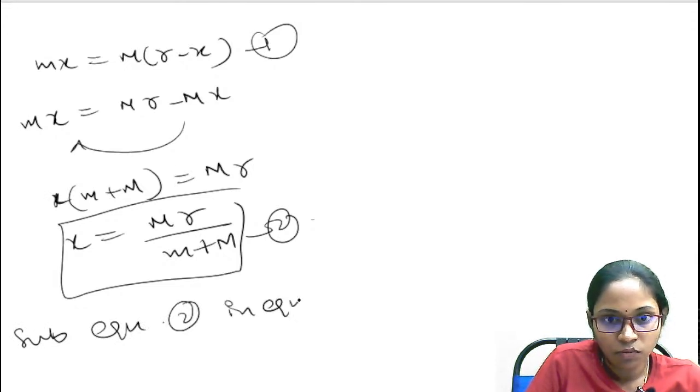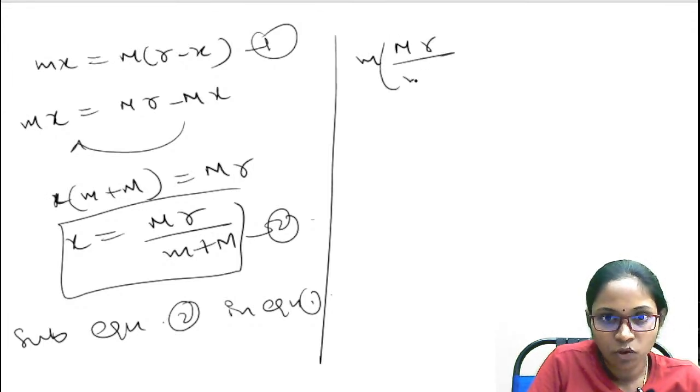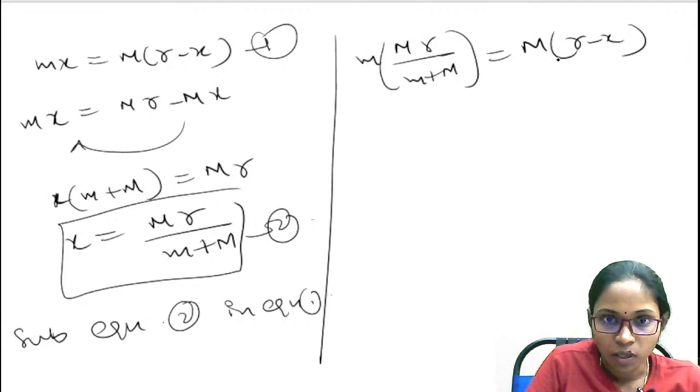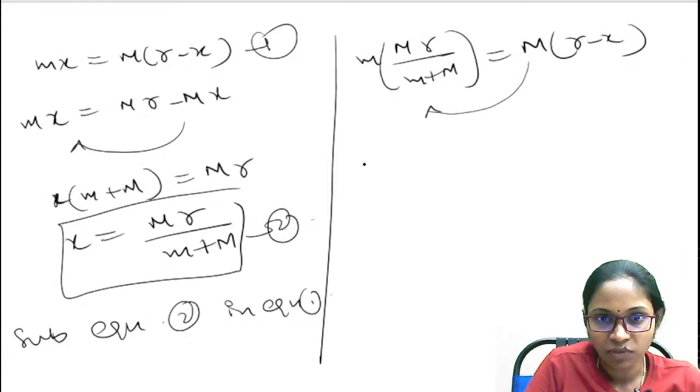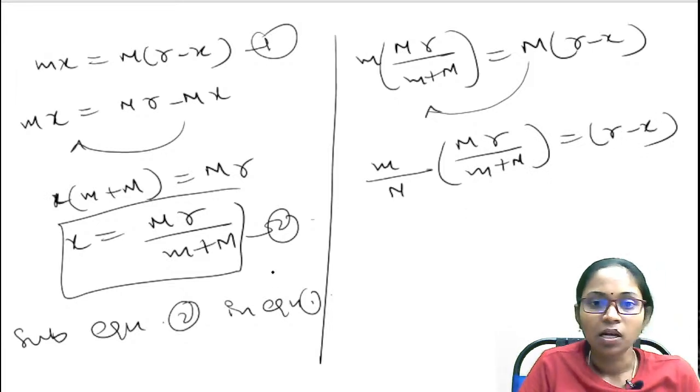We have equation number 2, and you substitute the value of x from equation number 1. Here we have m into x, where x is M r by small m plus capital M, equal to capital M times r minus x. Bring capital M to the left hand side, then m into m r by m plus capital M is equal to r minus x.